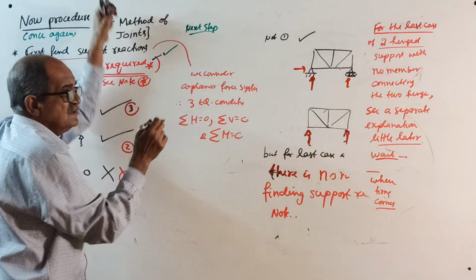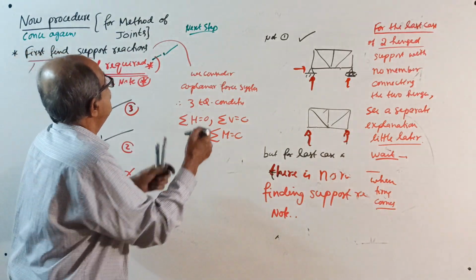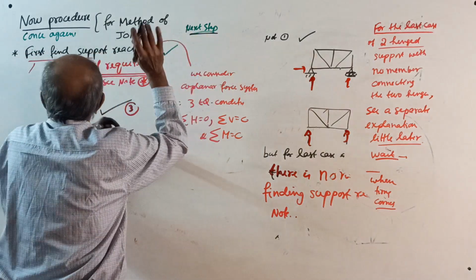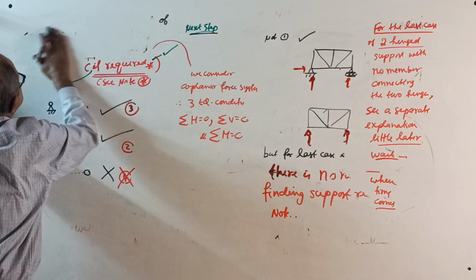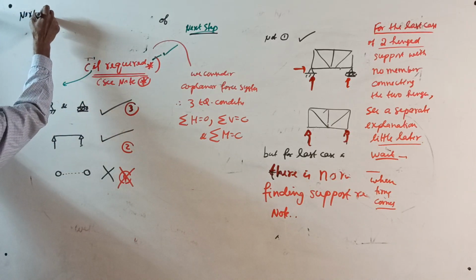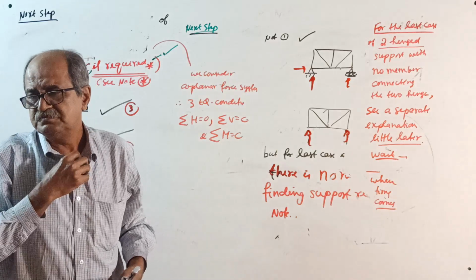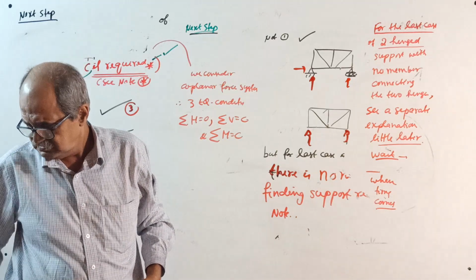When you find reactions, three equations are there, so three unknowns you can find. Okay, now come to the next step. One minute. I'll rub everything out and start the next step to make it clear.